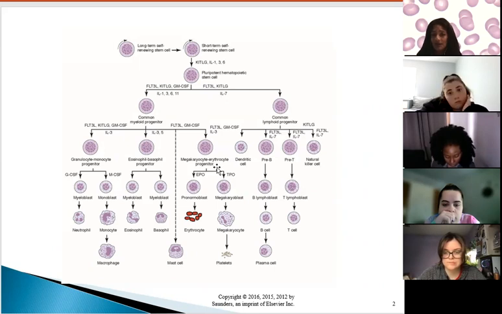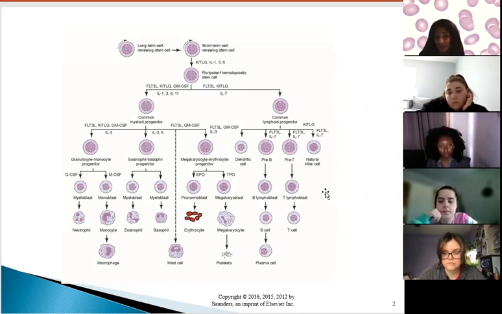So the megakaryocyte is something that we're gonna talk about a little bit further in this lecture. Okay, you also get the erythrocytes, which are the red blood cells. Okay, so that all comes from the common myeloid. From the common lymphoid, what's going to derive from there are your lymphocytic cells, right?